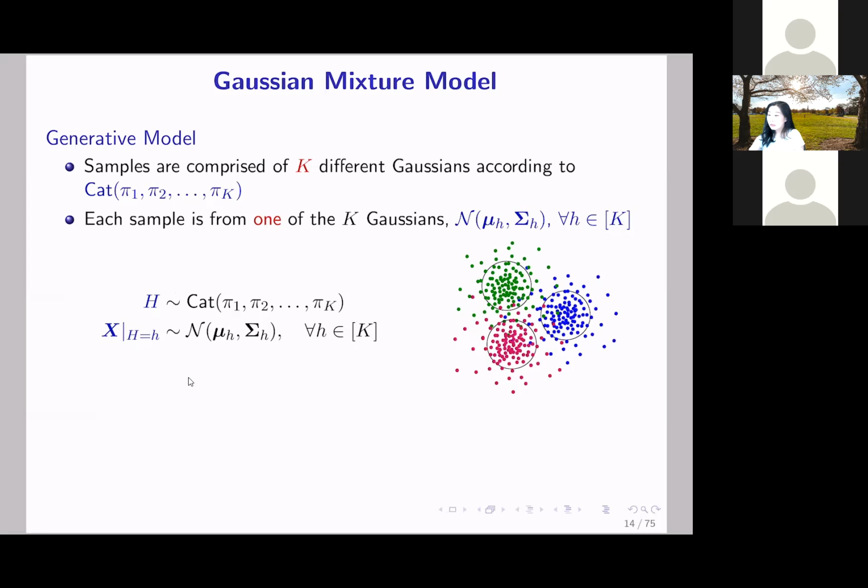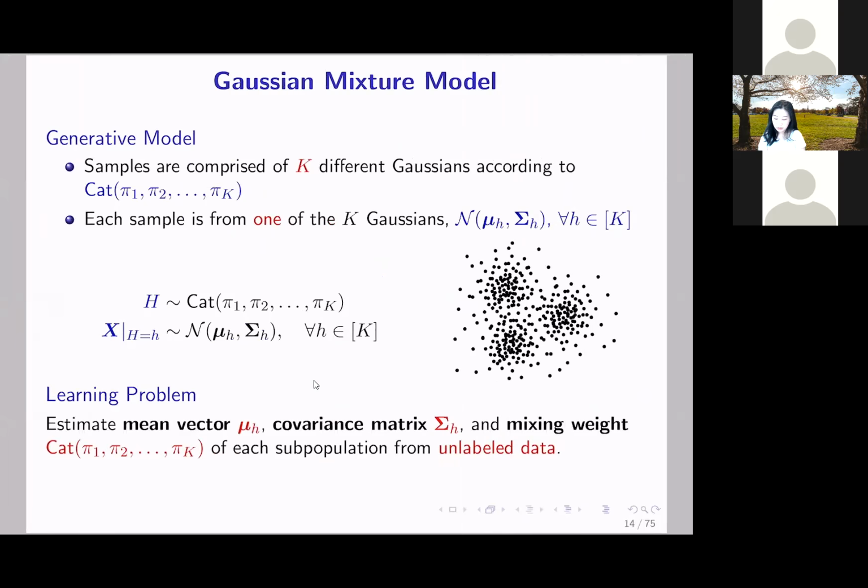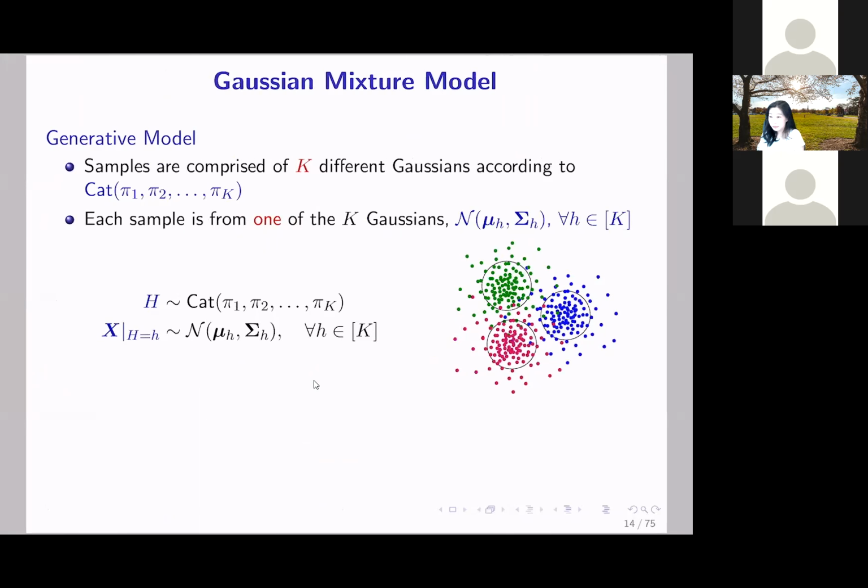I have a question. Go ahead. So in this example, the color is concretely the hidden variable h, but isn't it oftentimes that we can't observe h? Yeah, that's the point. It is hidden. I'm just trying to show you the generative process.